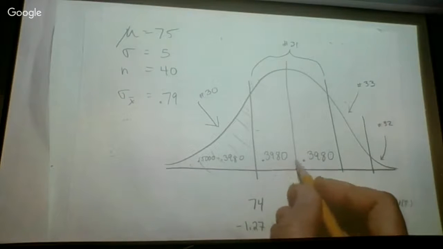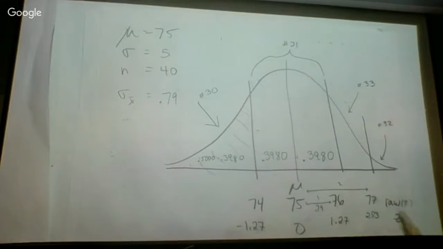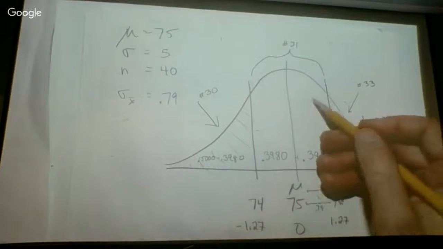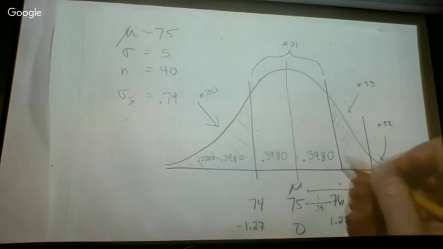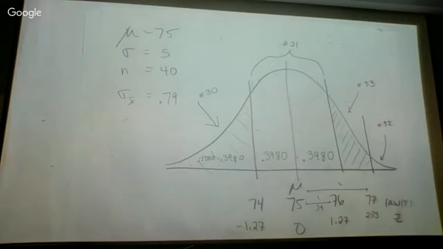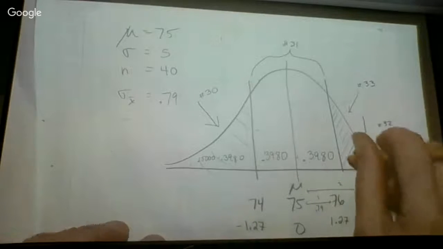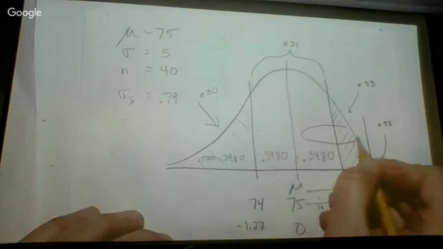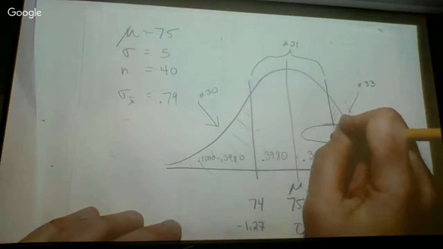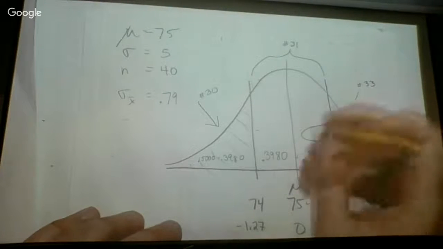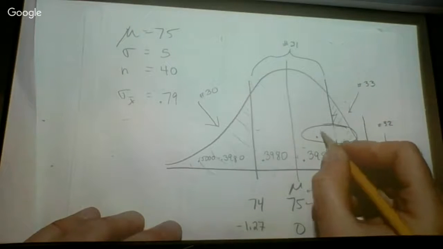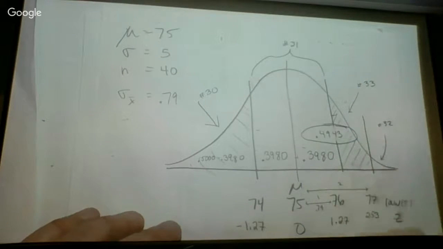I'm going to add those 2 things together. What's the answer to 32? Well, 33 is the hardest one to calculate here. 33 just says 2.53. All of this whole mess right here, .4943.